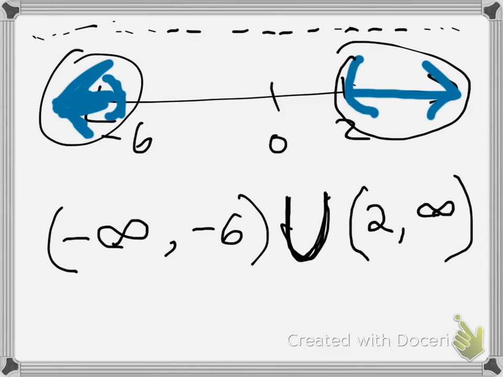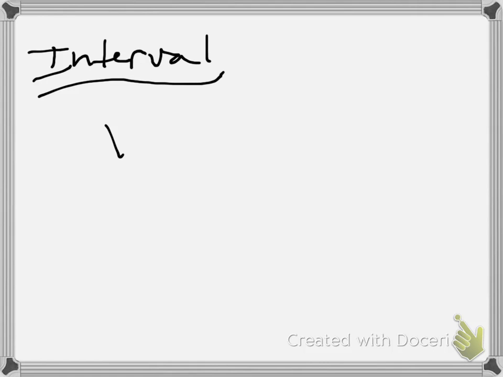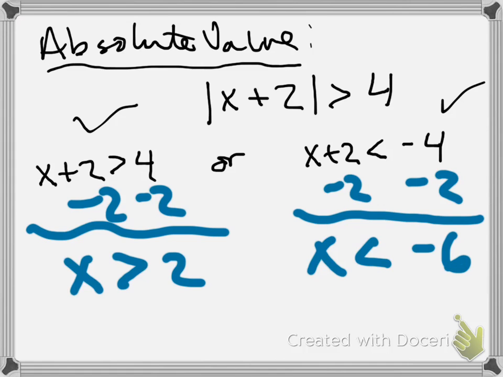So we have set builder notation, we have interval notation with the number line, all telling us what makes this absolute value inequality true.